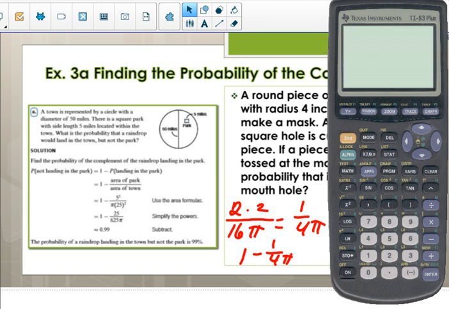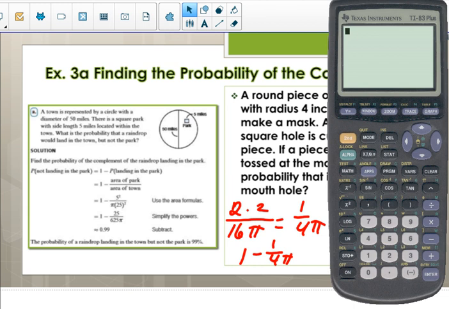That one I did something a little bit wrong. I put it in the calculator incorrectly, because what happened was I put in 1 divided by 4 and then it multiplied it by pi. So I've got to do that a little bit differently.